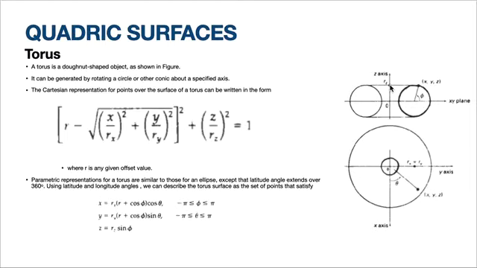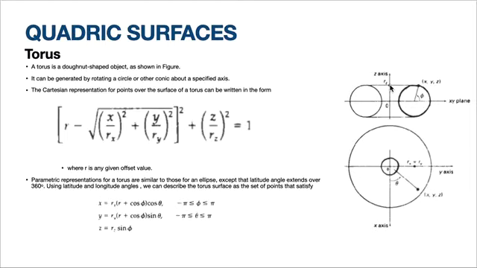And you can represent a torus using this equation, that is r minus root of x by rx the whole square plus y by ry the whole square, plus z by rz the whole square equal to 1, where r is any given offset value.